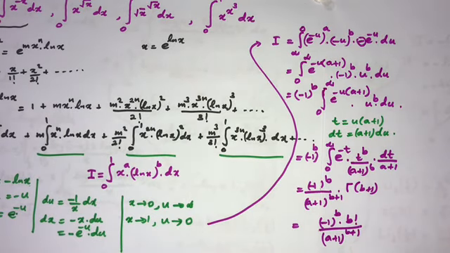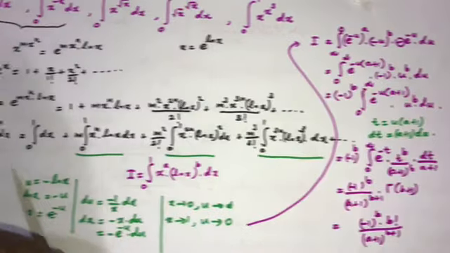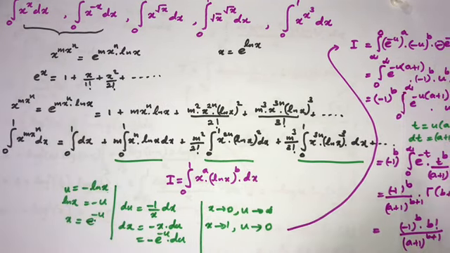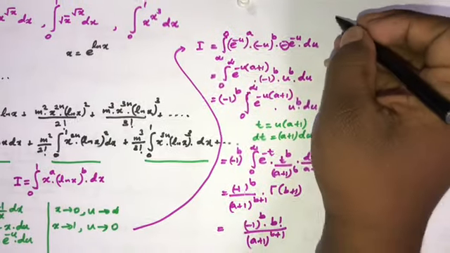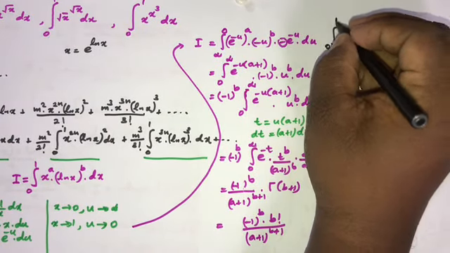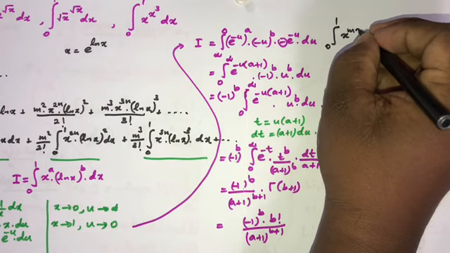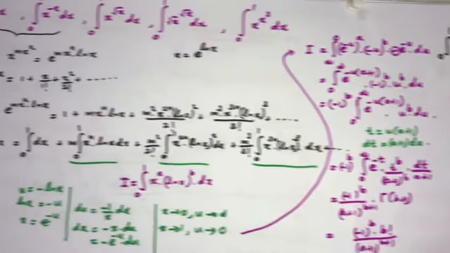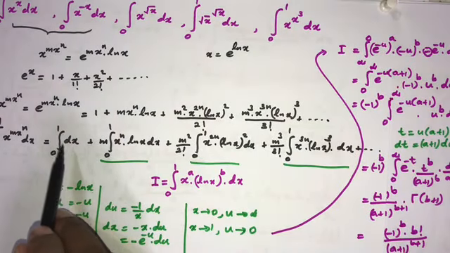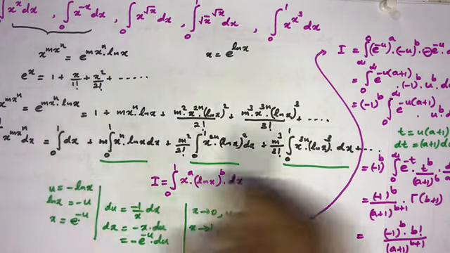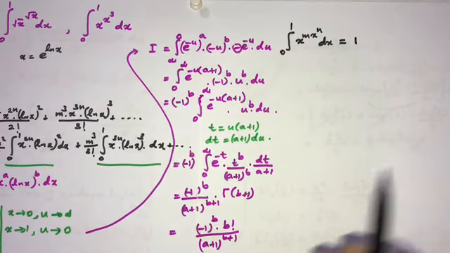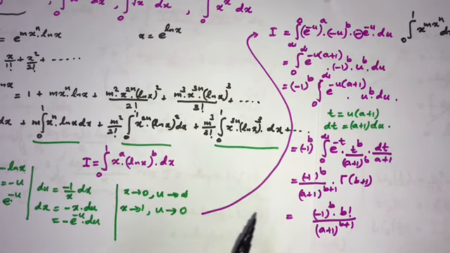Well, now we can evaluate our main integral. We know the integral from 0 to 1 of x raised to the m, x raised to the n dx is equal to, now the integral from 0 to 1 of dx is equal to 1, so therefore here 1.